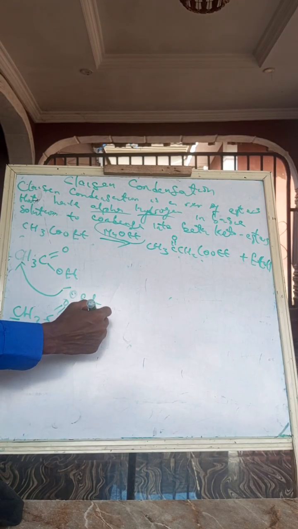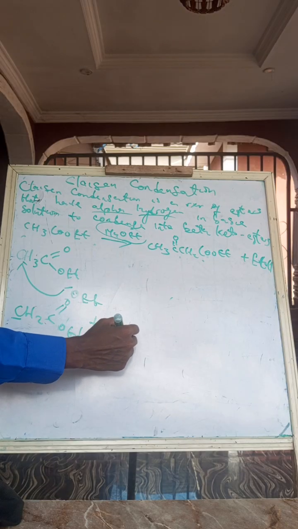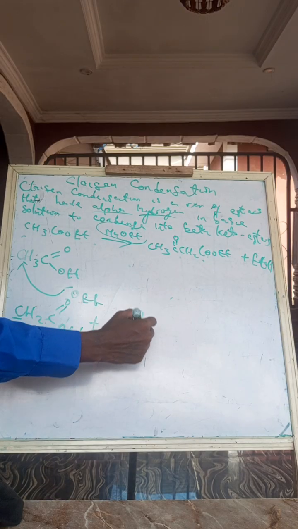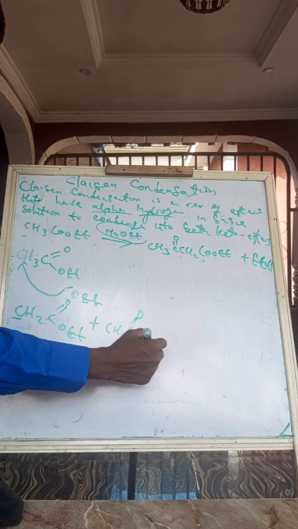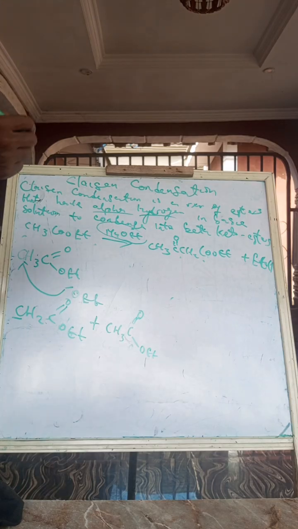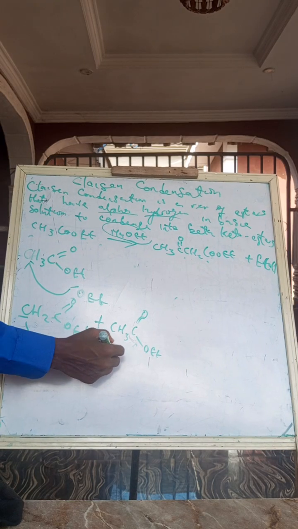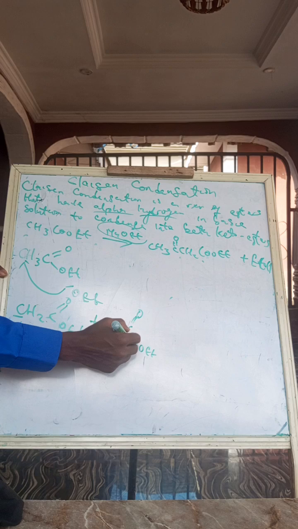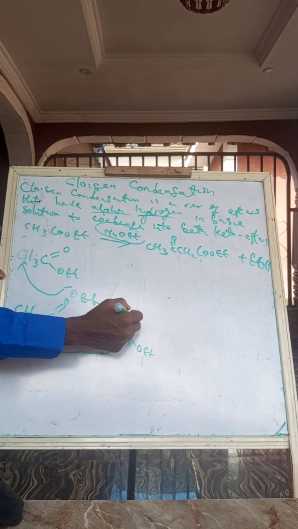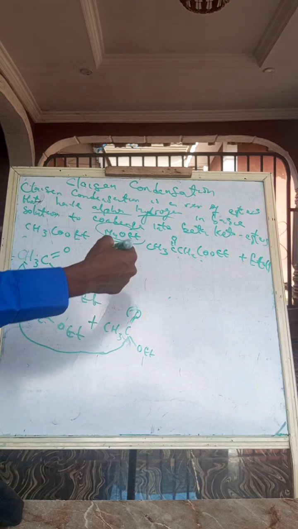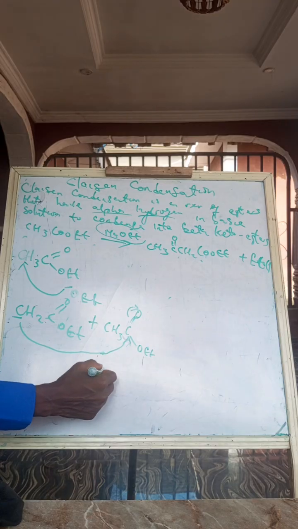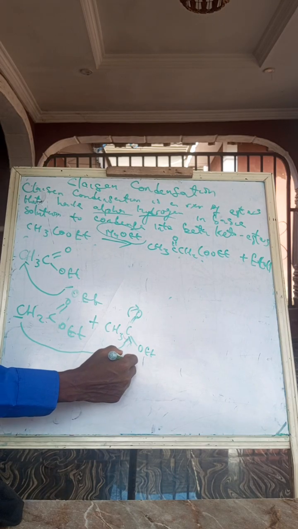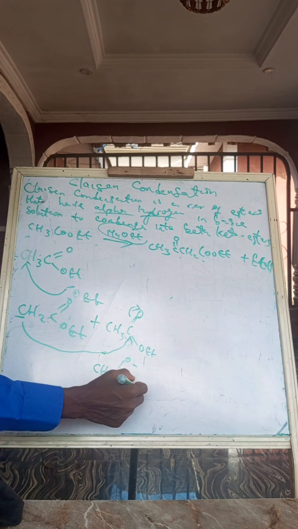You bring back the same reactant. So this attacks the carbonyl part, leading to the delocalization of pi electrons, which will eventually give us this O minus and OEt.